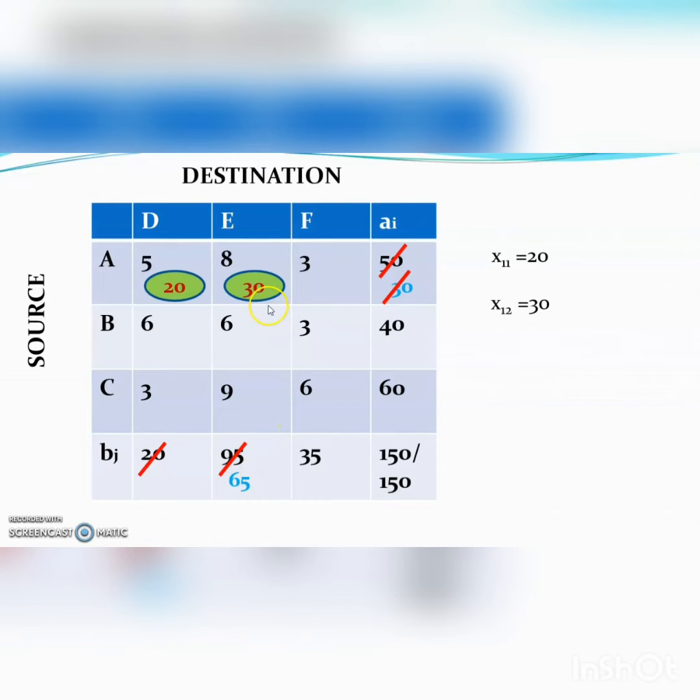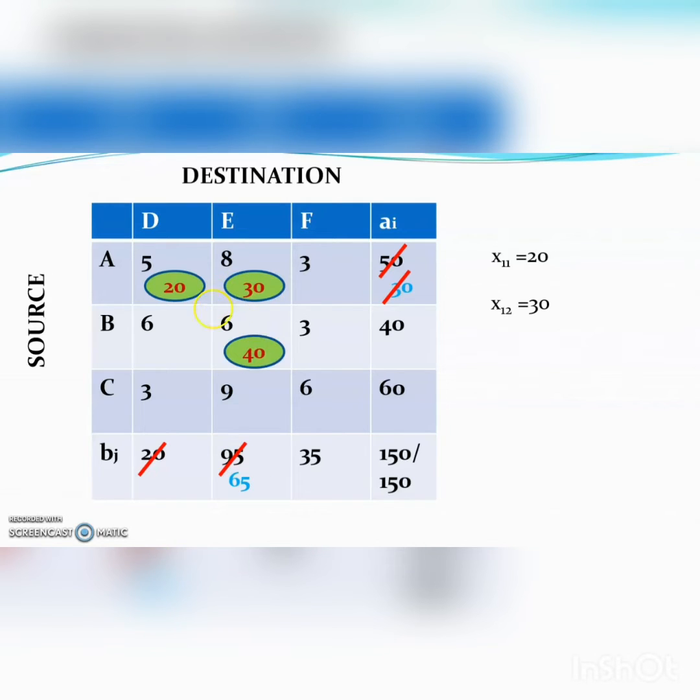Now we move downward and allocate in the cell 2, 2. Here the availability is 40 units and the requirement is 65 units. As the availability is 40 units, we can allocate here a maximum of 40 units.